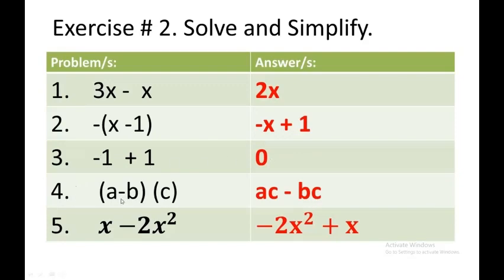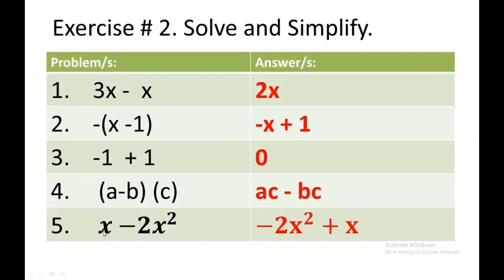Number 4, a minus b multiplied by c, or the difference of a and b times c. Again, we will do the distributive property here. So that is a times c minus b times c, or ac minus bc. Number 5, x minus 2x squared.